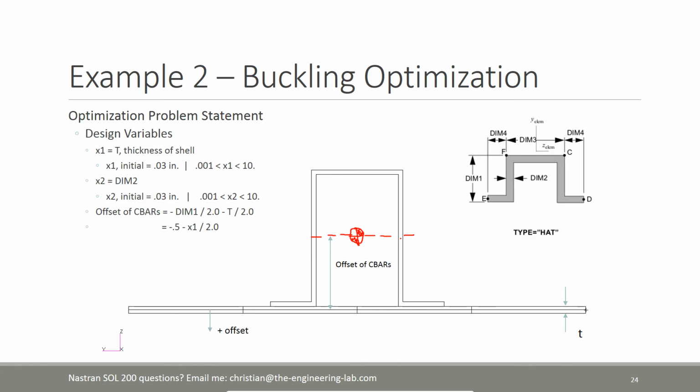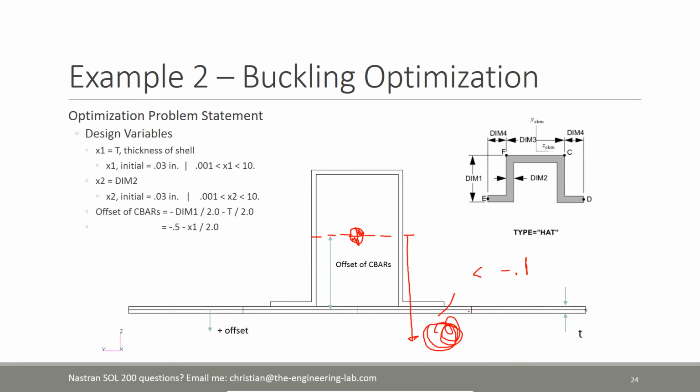I want to make sure that this never goes into this region of the offset, because one, that's just not possible. It's as if the beam cross-section is literally going through the cylindrical wall. So what I need to do is impose an upper limit that says be no greater than negative 0.1.